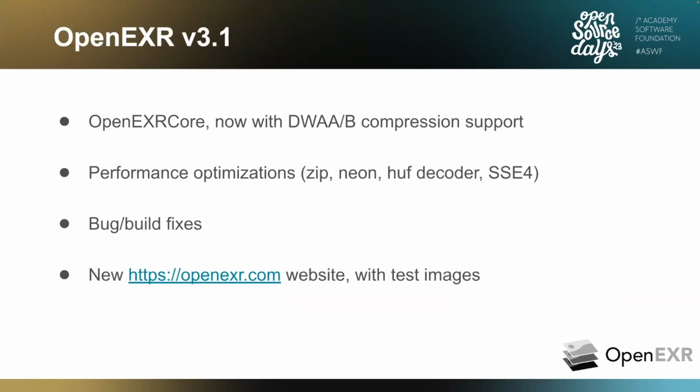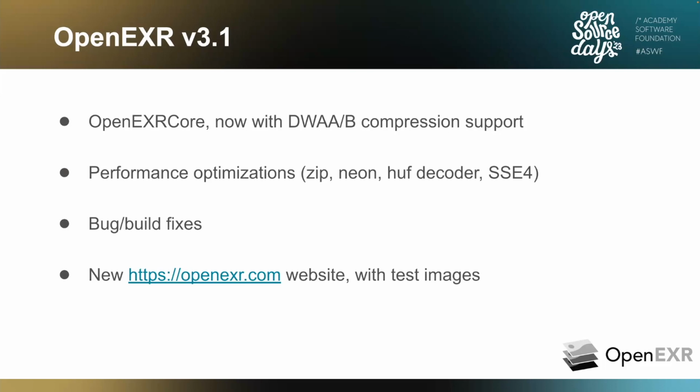So 3.1 came out about a year ago or so, and the major feature was Kimball's new implementation of the library, OpenEXR core, a ground-up rewrite in C that's much more thread-friendly and performant. It's been nearing completion over the last year.